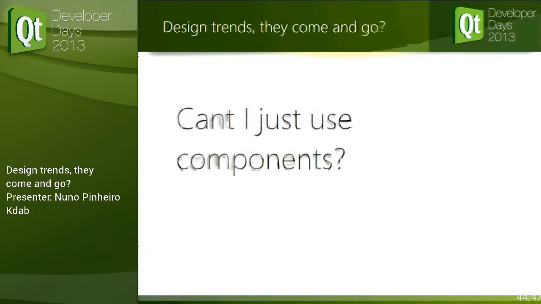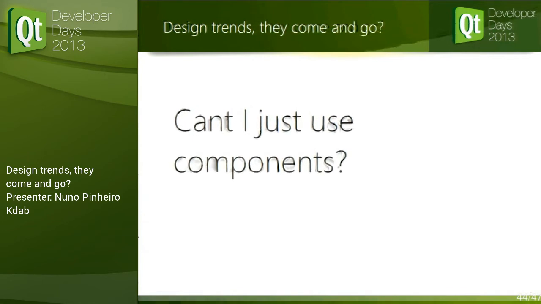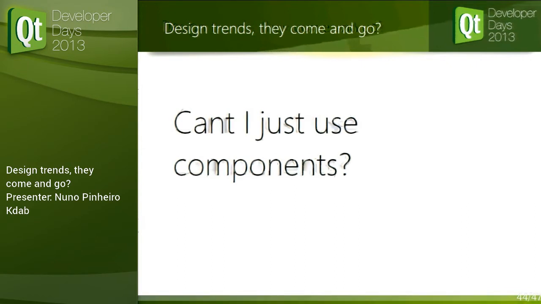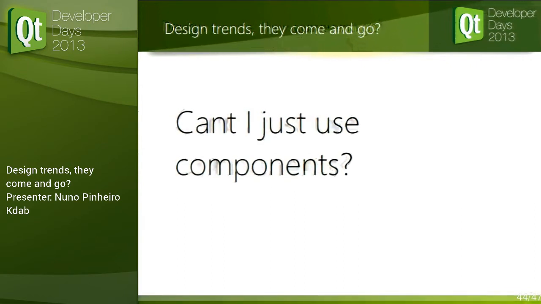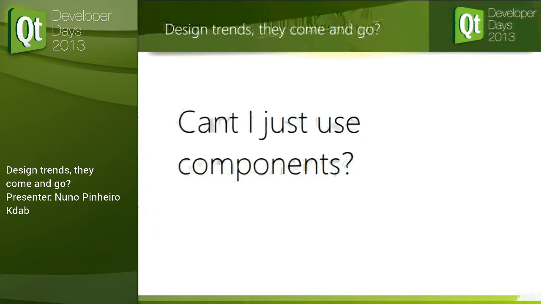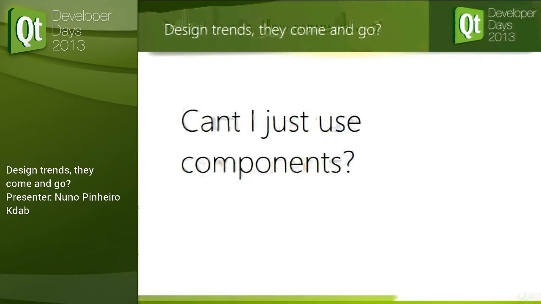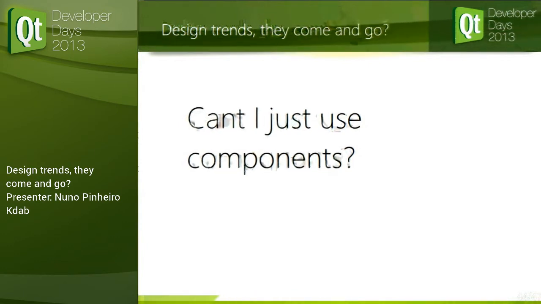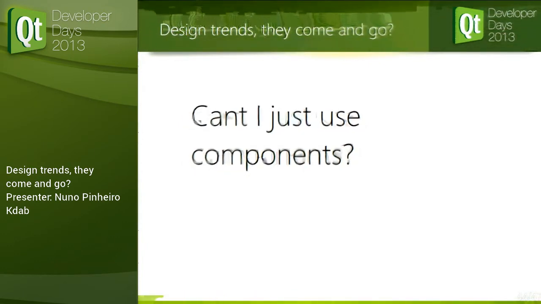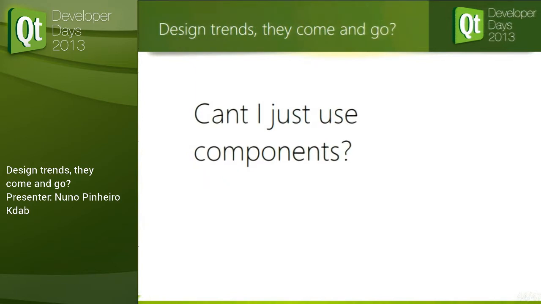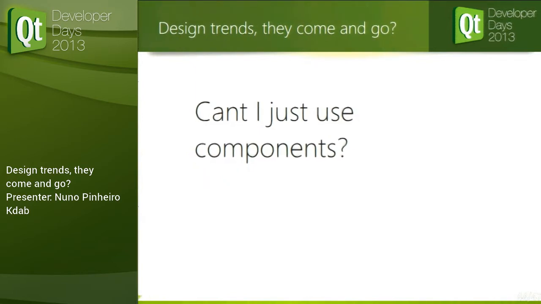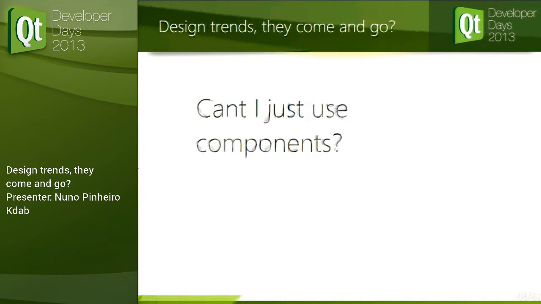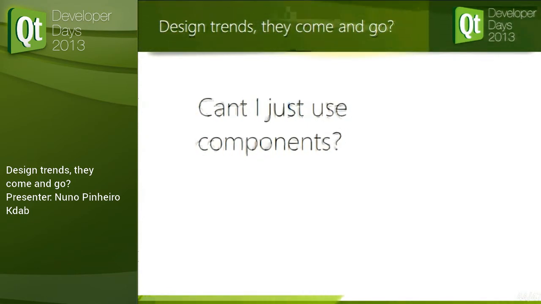It's very visible in the mobile space. If you check most of the popular apps, they use some sort of components from the platform, but there's a lot of custom-made things for that specific app. So even in mobile you see that. On the desktop, and you see this in Metro UI, whenever you change the concept radically, the interaction itself changes.